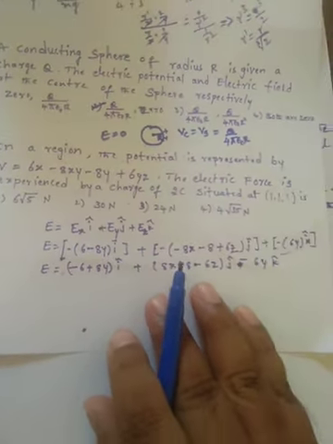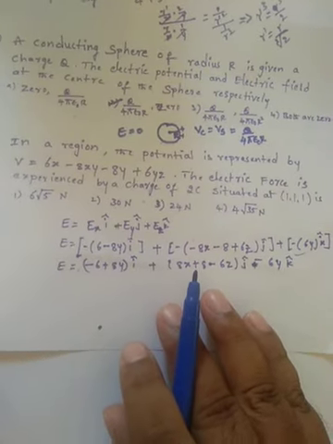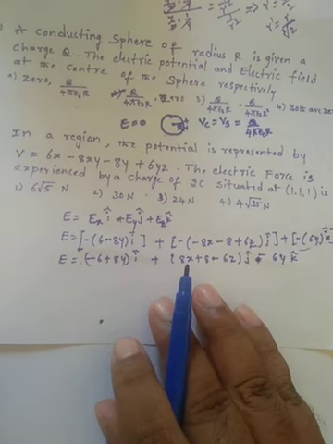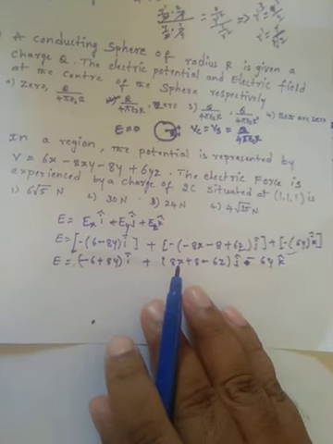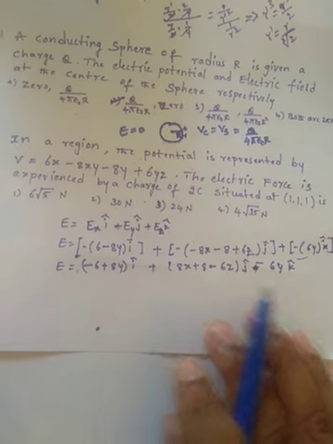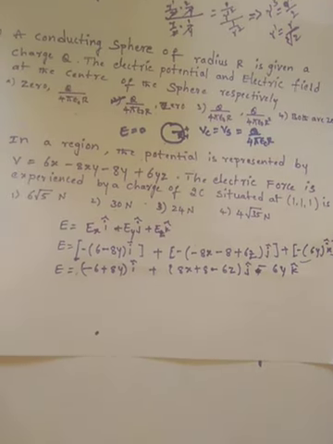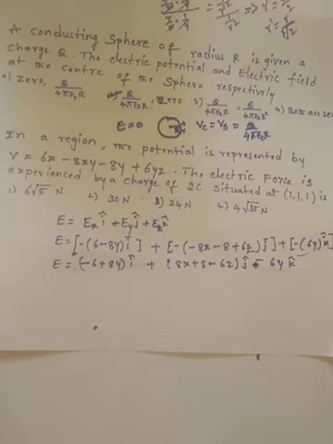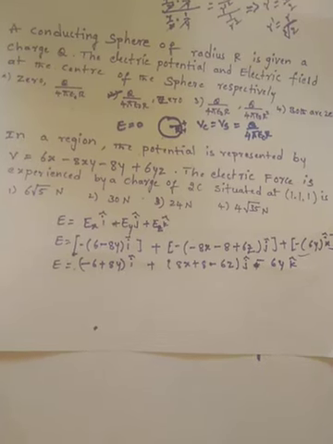Let's see the next question. It's a familiar question and has been repeated many times. In a region, the potential represented by V is equal to 6x minus 8xy minus 8y plus 6yz.